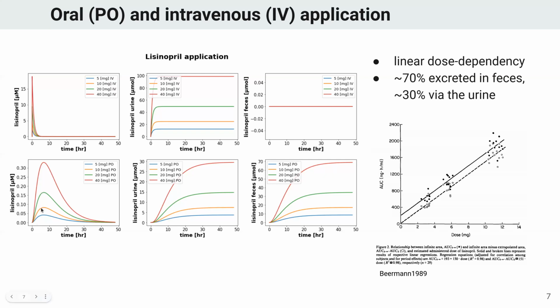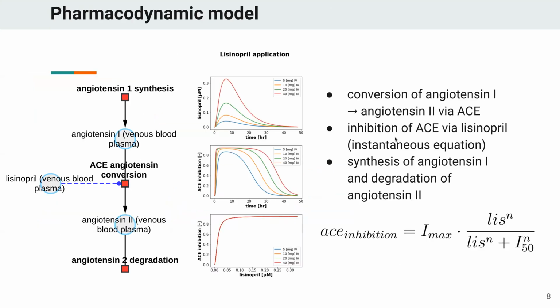What we see here from 5 to 10, 10 to 20, and 20 to 40. So a lot of things are already predicted very well, like the 70 and 30 fractions between feces and urine. This is well reported. Other things like linear dose dependency work very well in the model, in the pharmacokinetic part.